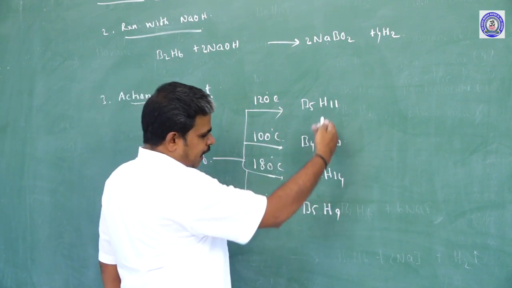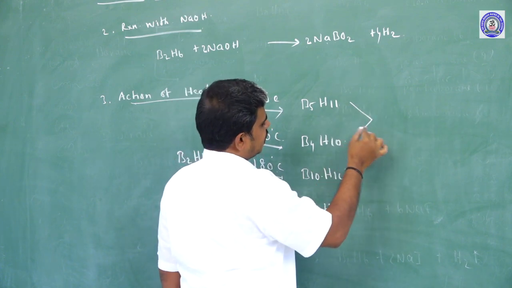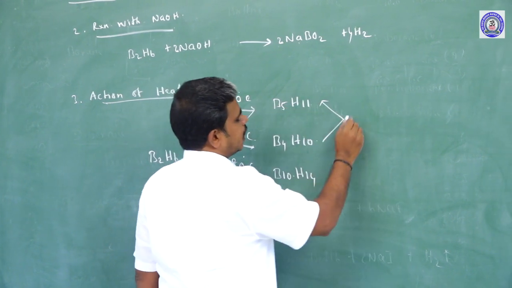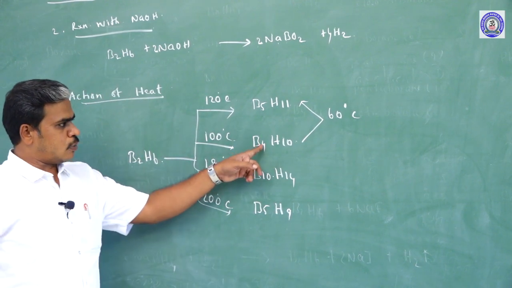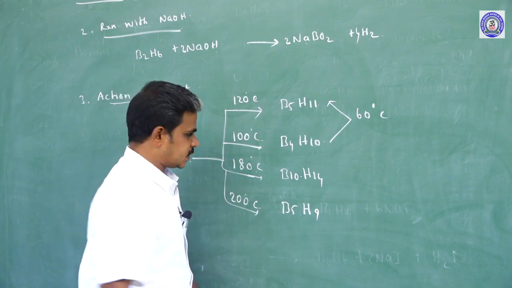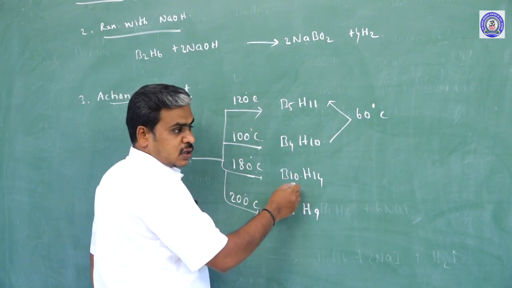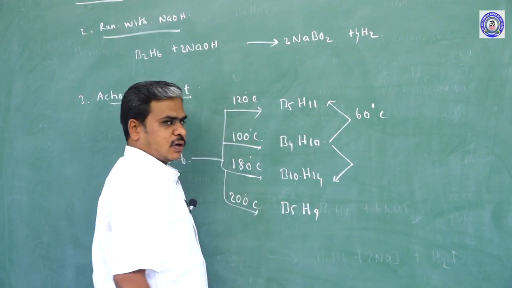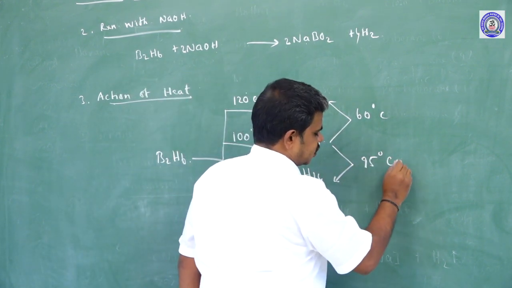Now, these will be interconverted by different temperatures. Tetraborane is converted into pentaborane at 60 degrees Celsius. Tetraborane is converted into decaborane at 95 degrees Celsius.